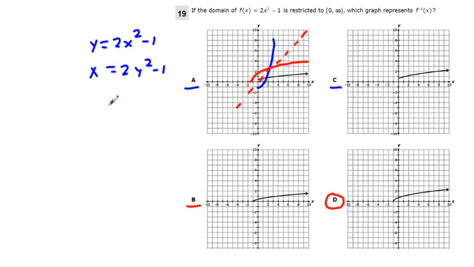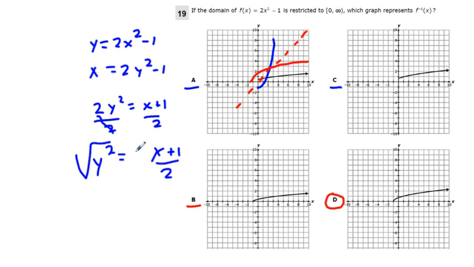So we have 2y squared equals x plus 1, then we divide by 2, we get y squared equals x plus 1 over 2, and then we take the square root of both sides.